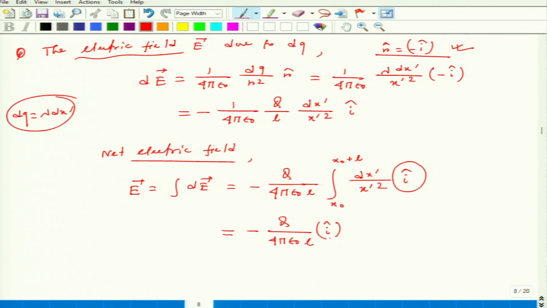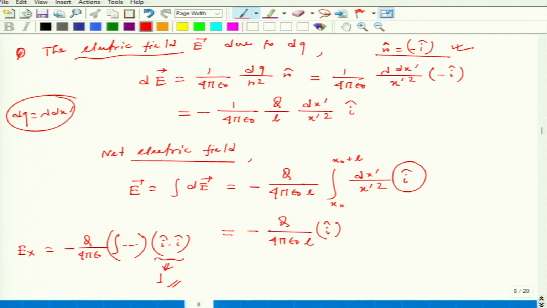In the previous class we discussed Ex, the projection of the electric field along the x axis: minus q over 4 pi epsilon naught, the integral part, and then i cap dot i cap, which is 1.